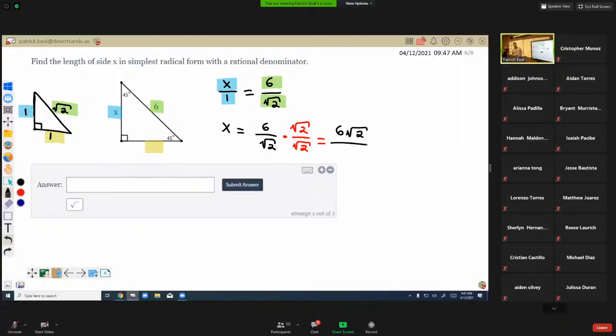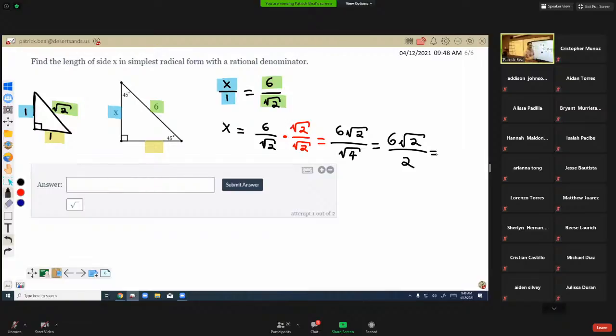Now in the denominator, the square root of 2 times the square root of 2, those are both square roots. You can multiply those, combine those. So what is the square root of 2 times the square root of 2? Square root of 4, which simplifies to 2.